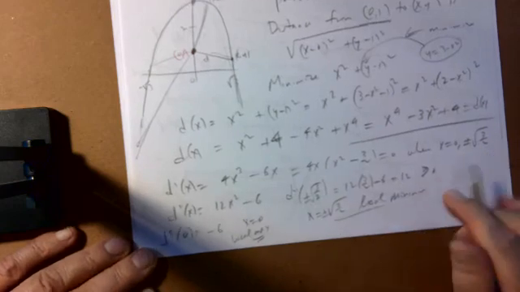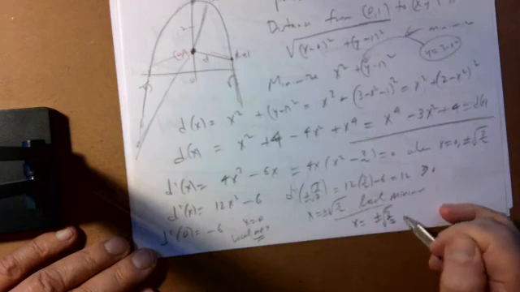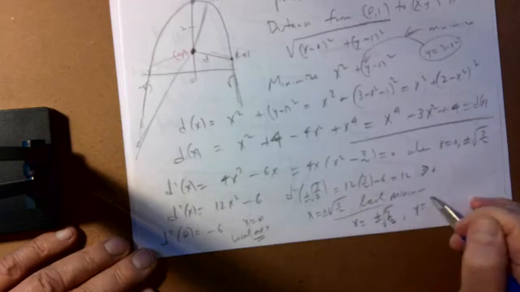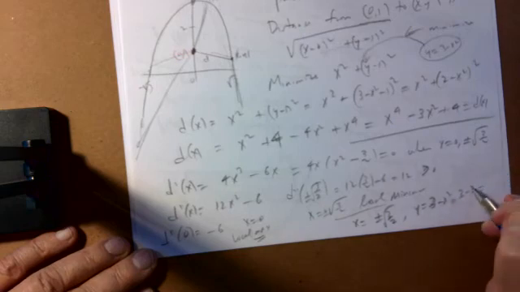And when x is plus or minus square root of 3/2, y, which is 3 minus x squared, is 3 minus 3/2, which is 3/2.